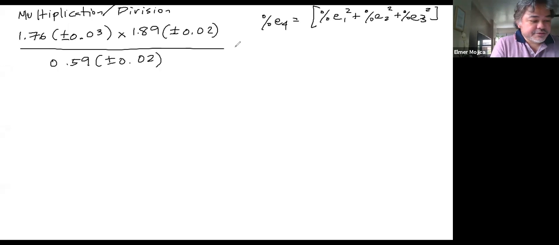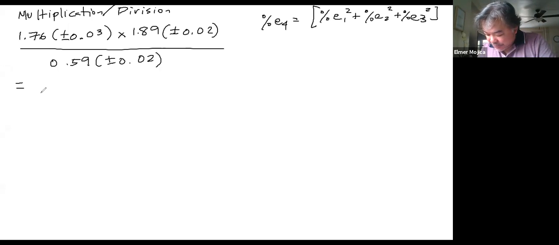So try to do that. If you're going to do the operation here, that would be 1.76 times 1.89 divided by 0.59. So I have 5.6.